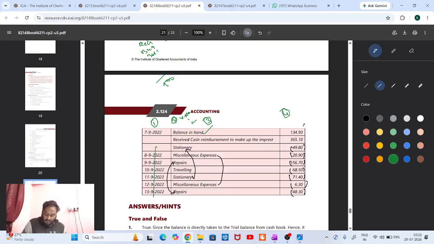After this, just draw lines like this: stationery 1, miscellaneous expenses 1, repairs 1, traveling 1.